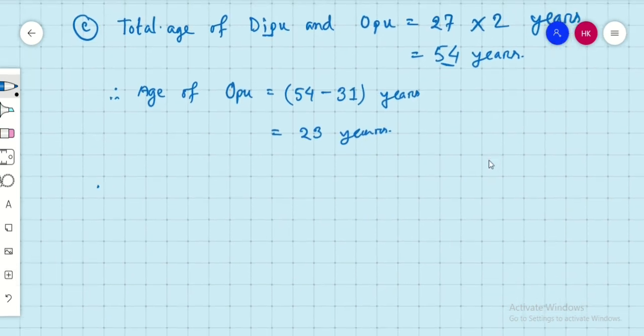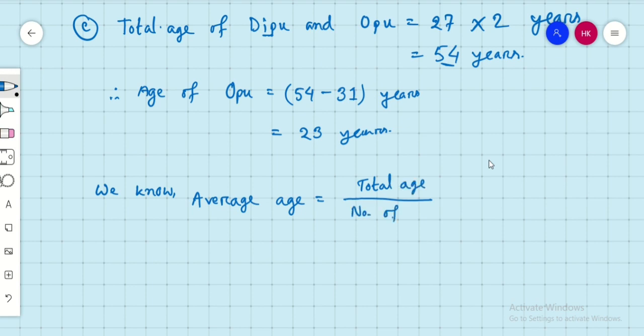Finally, at first we write the formula, we know average age is equal to total age divided by number of persons.